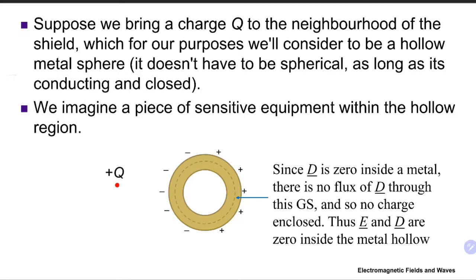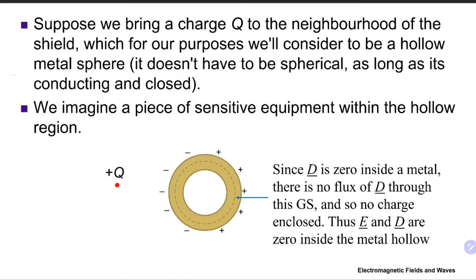Have you come across the term EMP? Electromagnetic pulse. I'm sure if you watch any sci-fi movie or anything like that, you hear about EMP destroying all the electronic equipment and everything. Okay, so if you have your equipment inside this Faraday cage, then EMP will not be affecting you. Or if you live inside this Faraday cage, then you'll be fine as well.